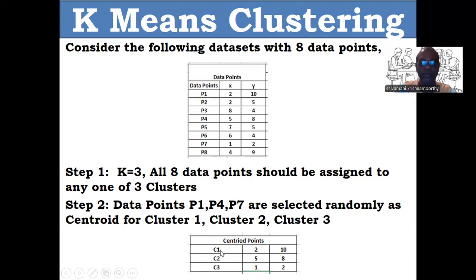C1 stands for centroid point, C2, C3. 2, 10 is P1. 5, 8 is P4. 1, 2 is P7. I randomly selected the number of clusters and 3 centroid points. I hope it is clear.